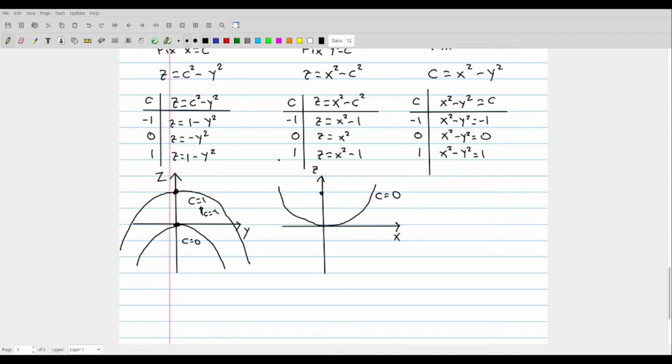And when c equals 1, and when c equals -1 as well, we have an upward opening parabola. Oh, and sorry, this should be shifted down by 1, because you have a -1 right there. Oh, it's going in the slightly wrong direction right here.